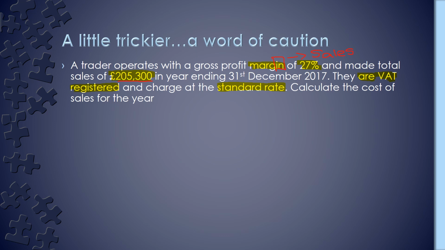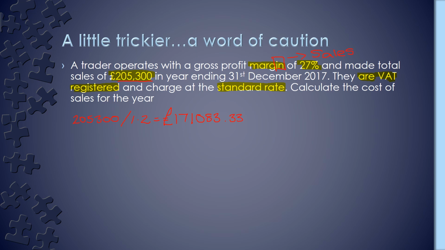So my method of doing it, as I like to work with decimals, is to do the gross figure, 205,300, and I want to divide that by 1.2, which gives me a net figure of 171,083.33.